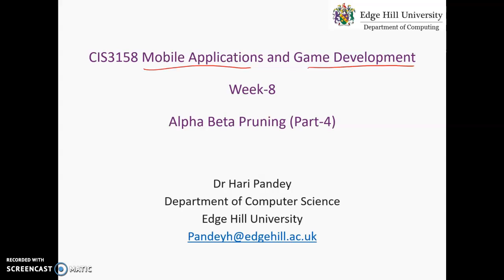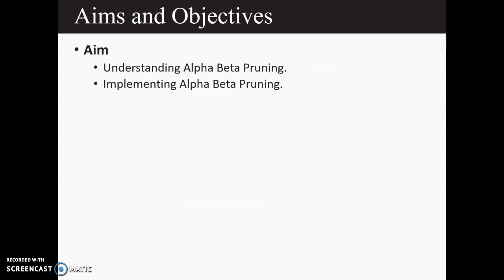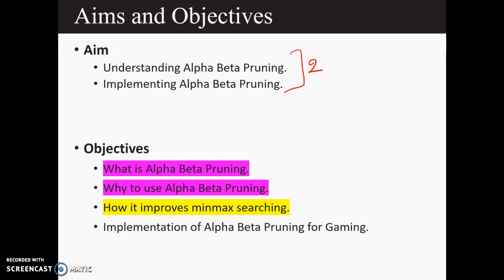Now this is part 4 video lecture of week 8, and in week 8 our focus is on alpha beta pruning. In the next slide I have highlighted the aim and objectives for the week 8 session. So here you can see these two aims and 4 objectives.